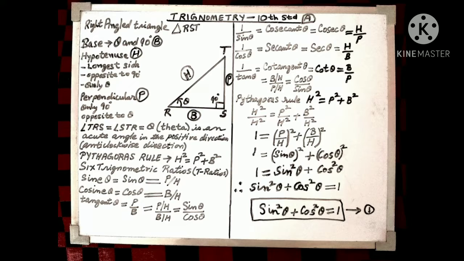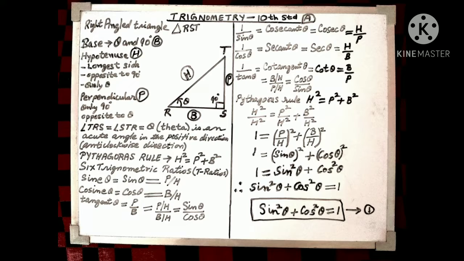Also we have 1 by tan theta is equal to cotangent theta, which we write as cot theta is equal to b by p, that is base by perpendicular. And again, if we divide by h, the numerator and the denominator, we get cos theta by sin theta. So cot theta is also written as cos theta by sin theta. I hope you understood how to define these 6 T ratios.